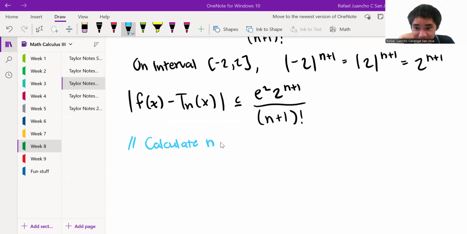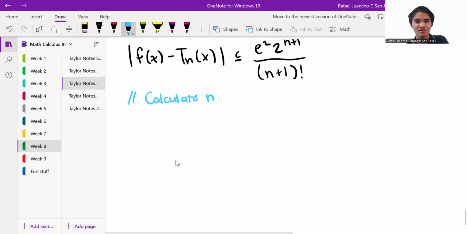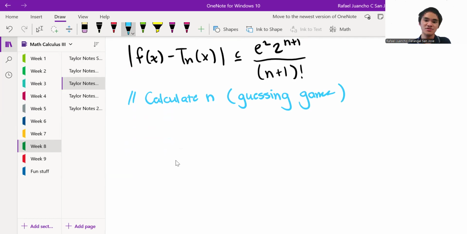It's a guessing game. So what does that mean? I try to plug in random stuff until I get something that's actually less than, right? So you want to get something less than. So we call this a guessing game. So this is where we pull out our calculator and then just try guessing stuff.